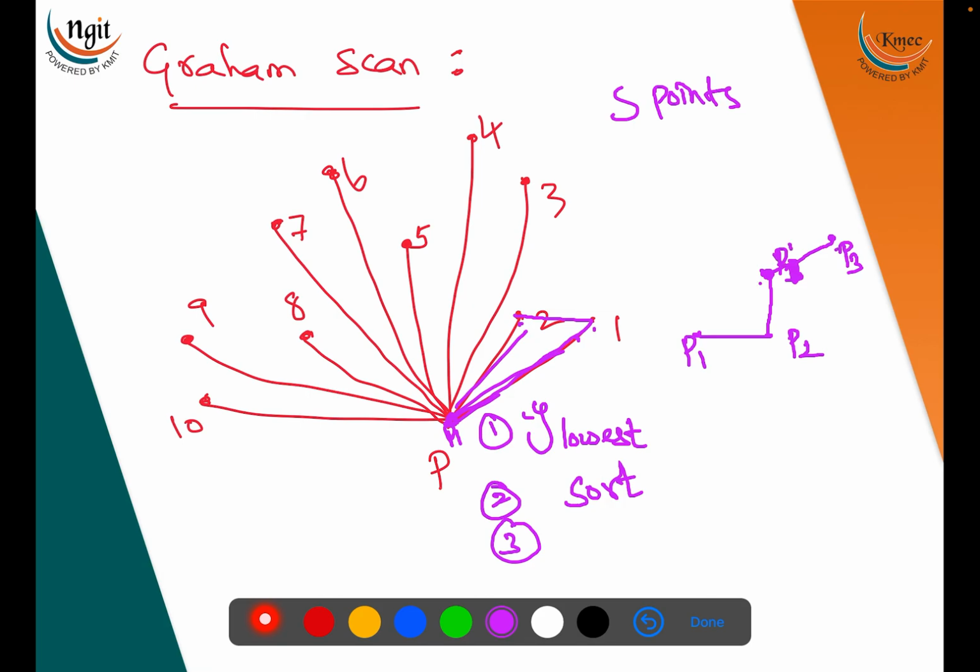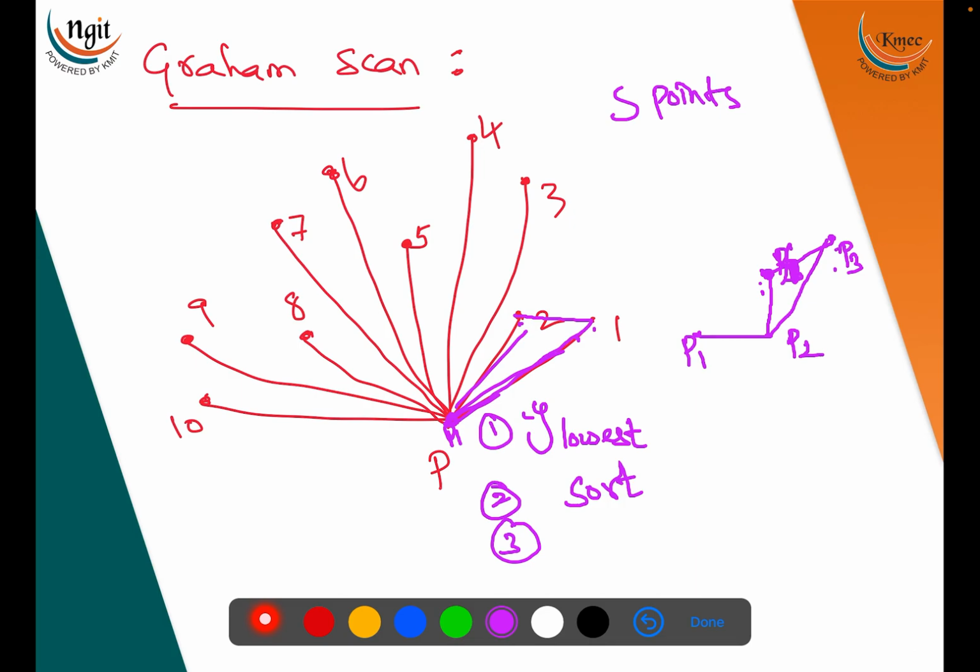If I delete this point, then I can join P1 directly to P3, whereas this extreme point will be inside of the polygon. And notice that it will be an internal point because it lies within the triangle formed by P1, P2, P3. We can eliminate all the interior points using the above procedure.